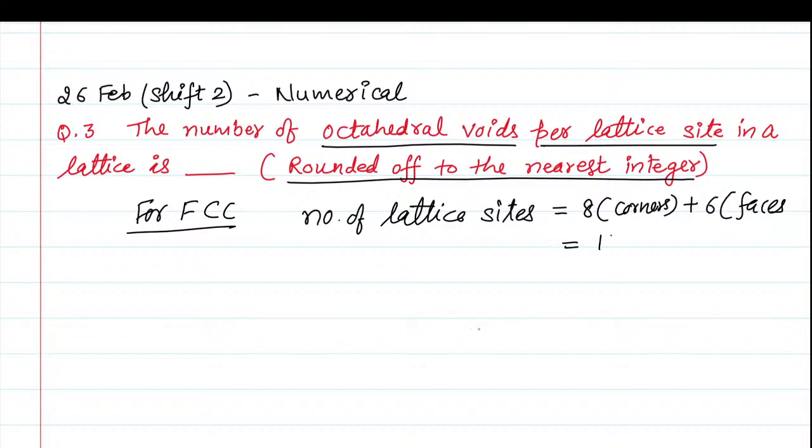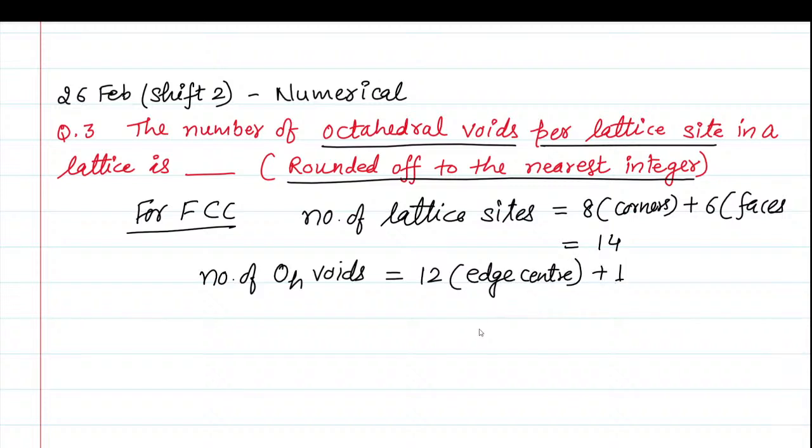Total lattice sites are 14, right? And what are the locations of octahedral voids? 12 at edge centers plus 1 at body center, means total octahedral void locations are 13.